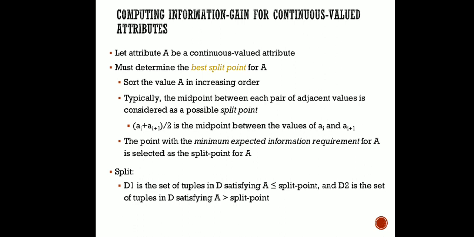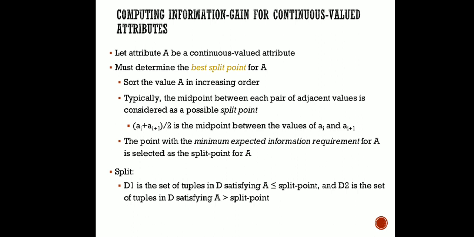There is a technique for doing it for continuous valued attributes as well. If a continuous valued attribute is given, we sort the attribute in increasing order, and we find the midpoint between each pair of adjacent values.